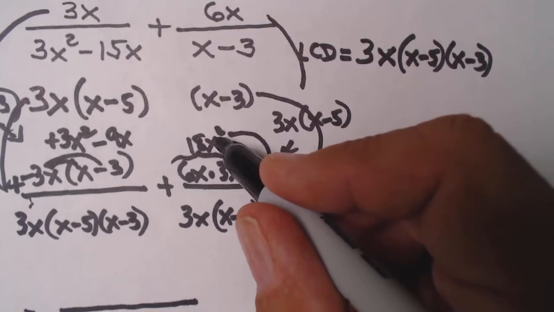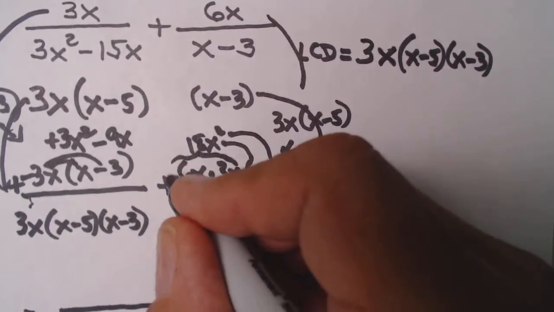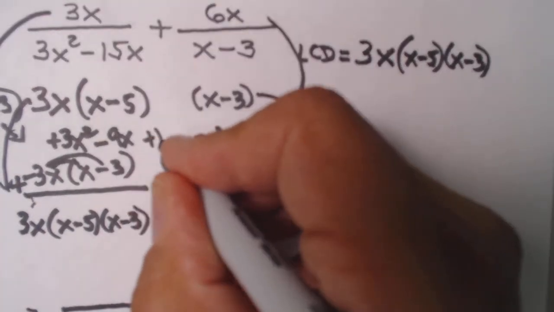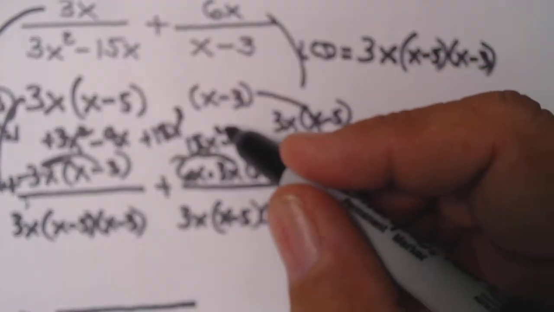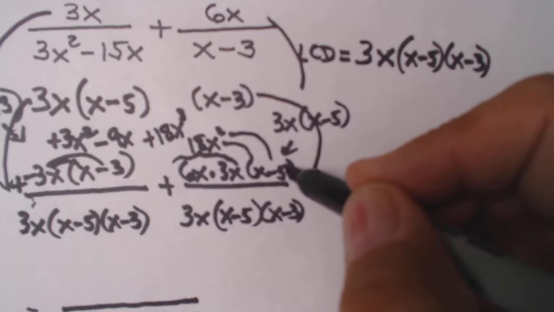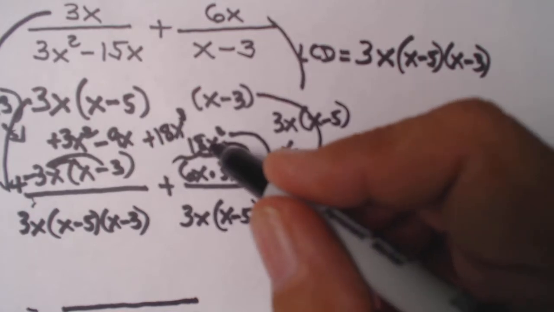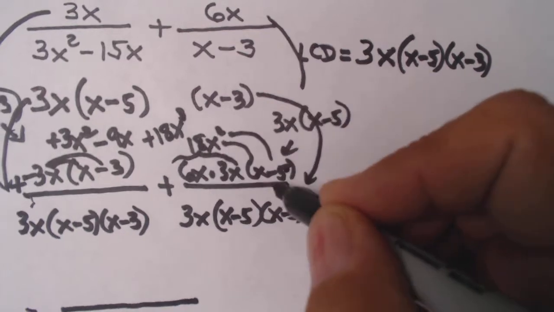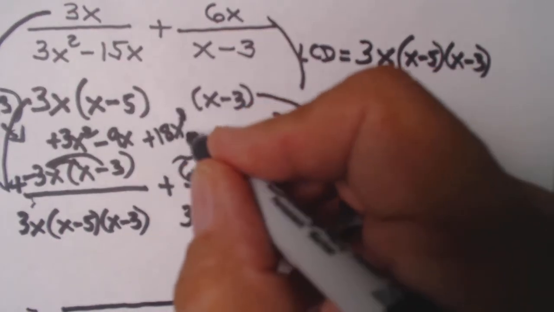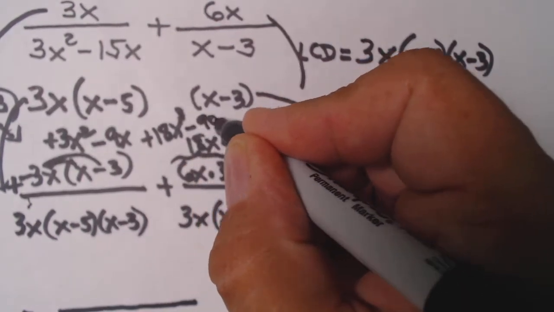So I'm going to have 18x squared times x, so positive 18x cubed. Then 18x squared times negative 5. 5 times 18 is what? I think 90. So minus 90x squared. Okay, there we go.